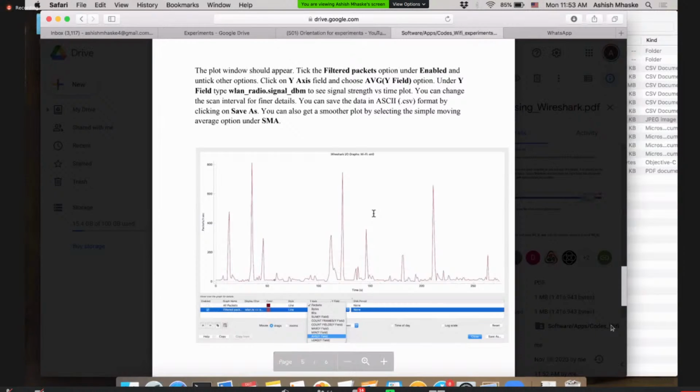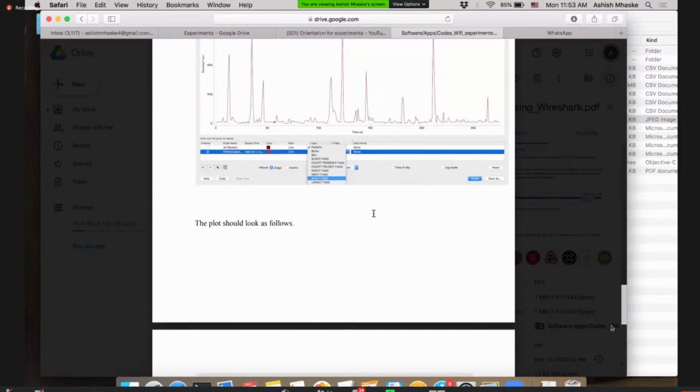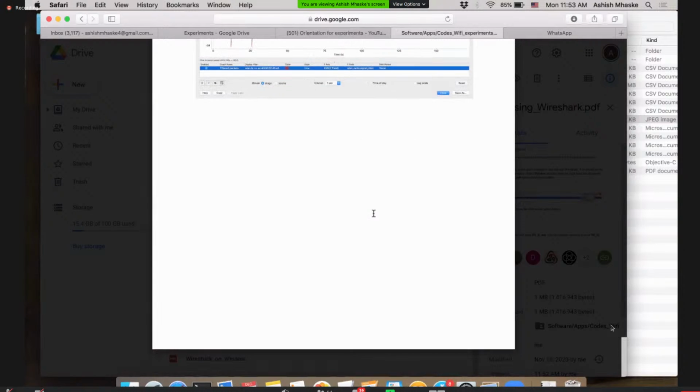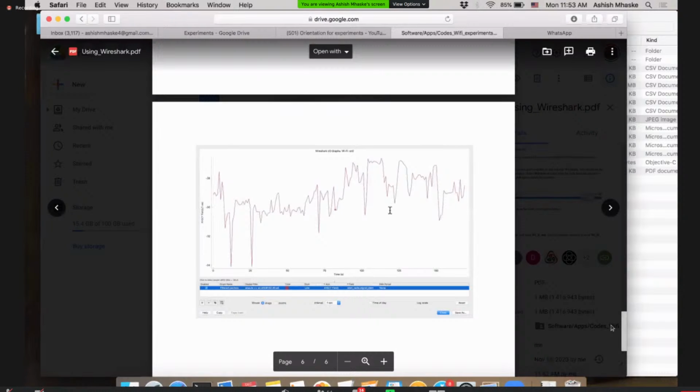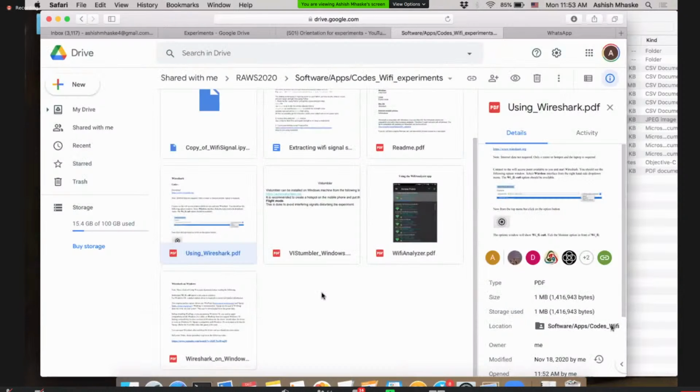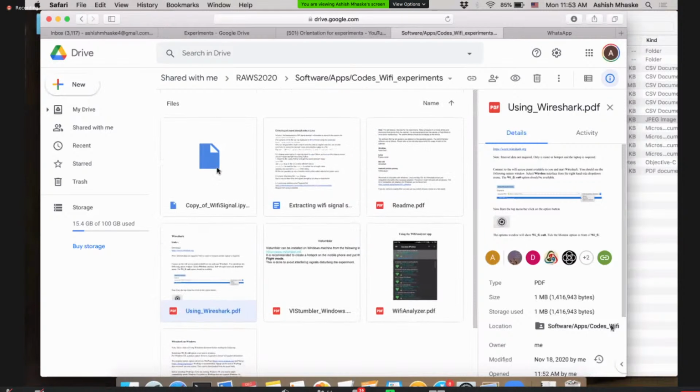Wireshark actually works on all three operating systems: Linux, Windows, and Mac OS. So just check the compatibility of your Wi-Fi adapter with Wireshark, and you can then use it to collect data and plot your graphs. And there is a Python script for getting signals on Linux systems.